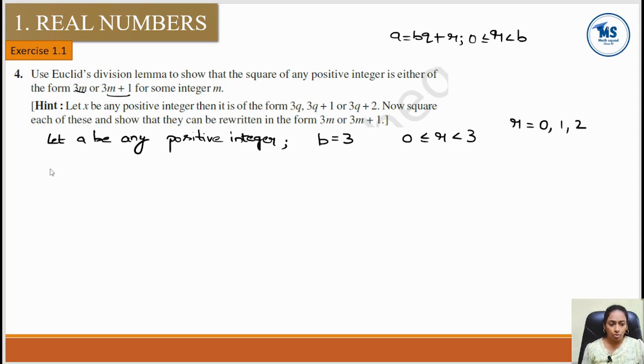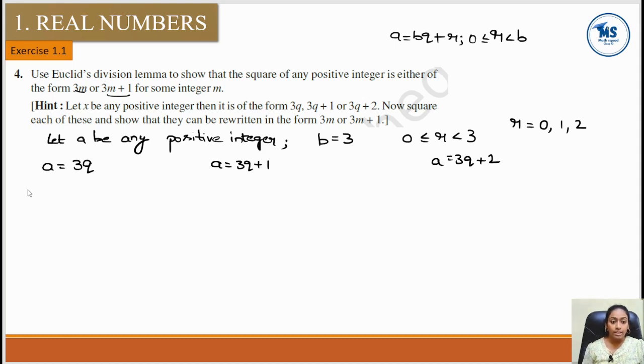So if r is equal to 0, a will be in the form of 3q plus 0, which is 3q. Then if r is equal to 1, a will be in the form of 3q plus 1. If r is equal to 2, a will be in the form of 3q plus 2.